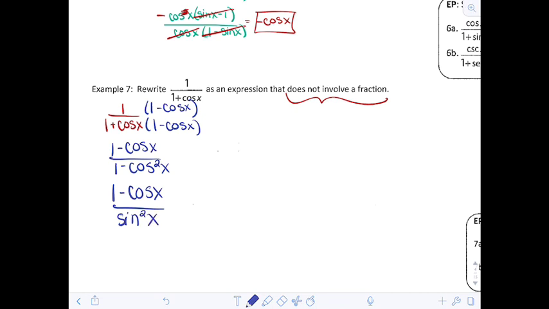Okay, so now what I can do is split up the numerator and put them both over sine squared. So I can say 1 over sine squared minus cosine of x over sine squared.